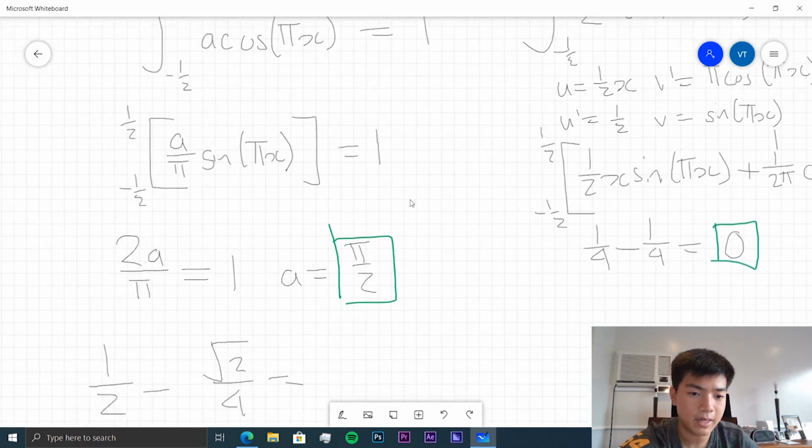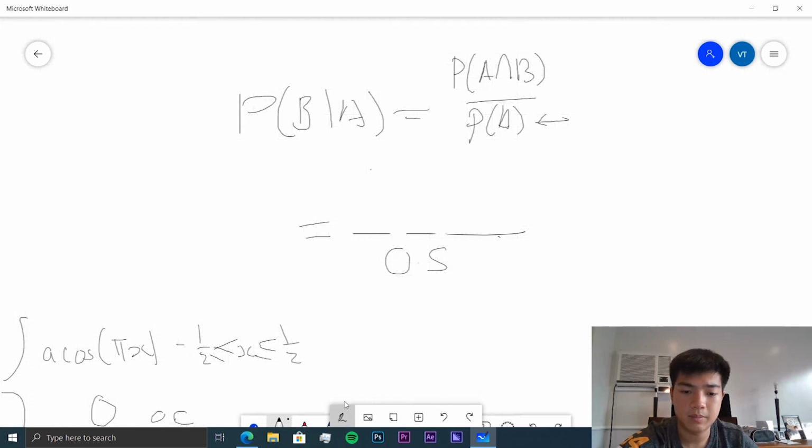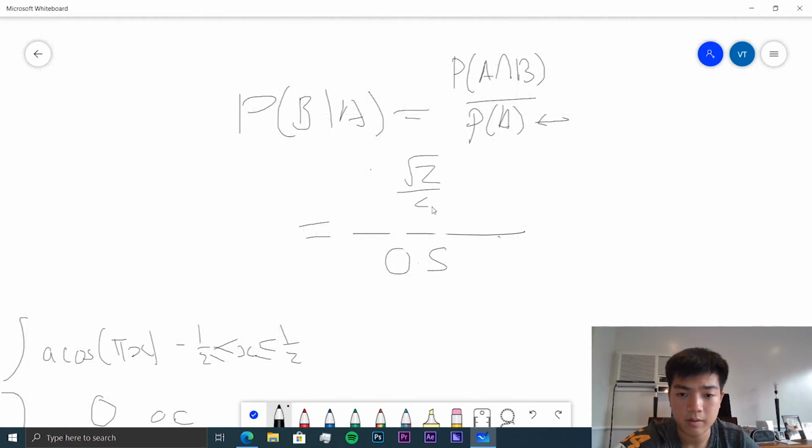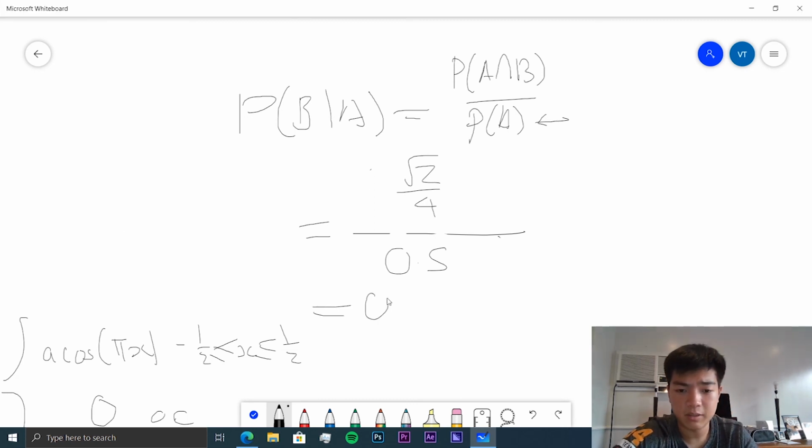Oh, so actually what I needed is root 2 over 4. So this should be root 2 over 4 over 0.5. So 2 root 2 over 4. So that's around 0.7, actually. It's quite a high probability. Yeah, it's around 0.707.